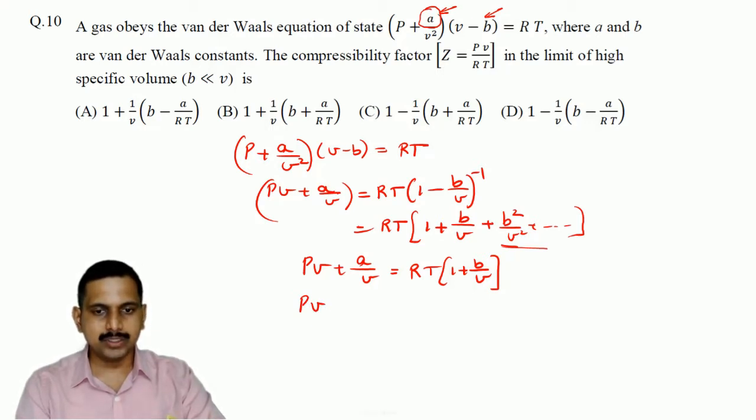I will take it the other way around. So this is equal to RT(1 + b/V) − a/V.